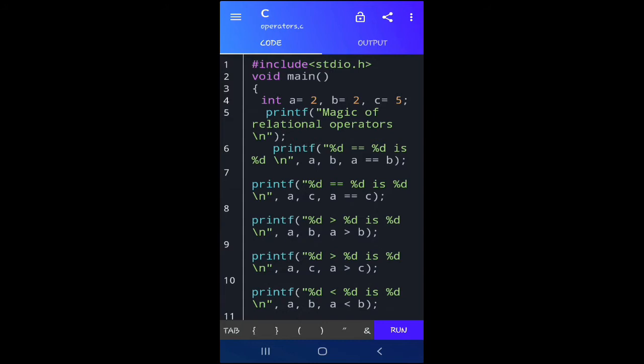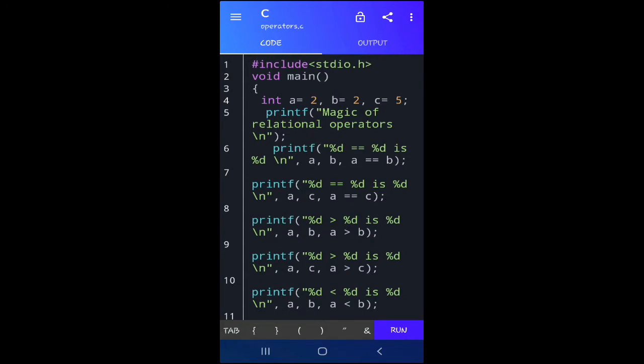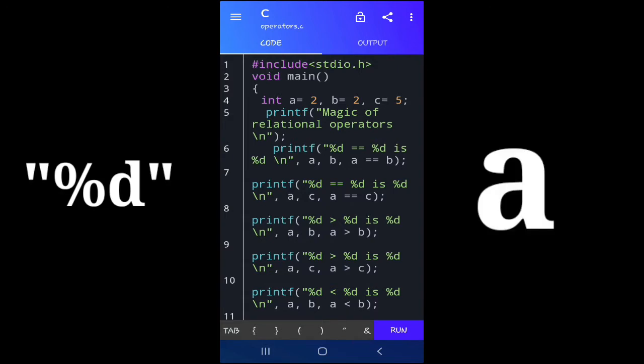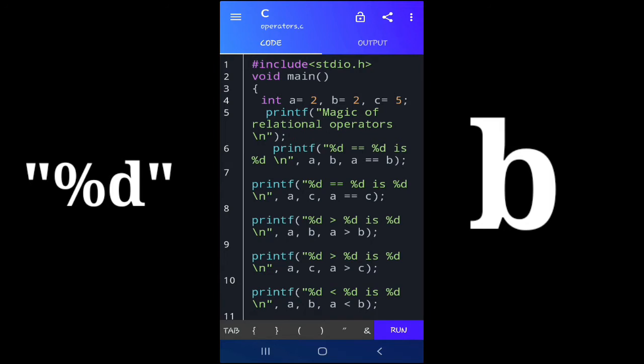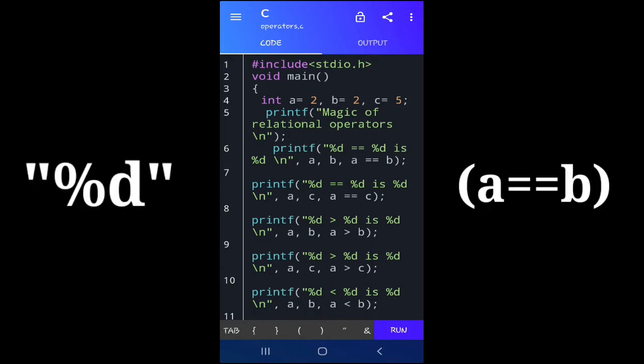After that, in the sixth line, the printf statement has %d equals %d is %d. The first %d represents a, the second %d represents b, and the final %d represents a equals b.